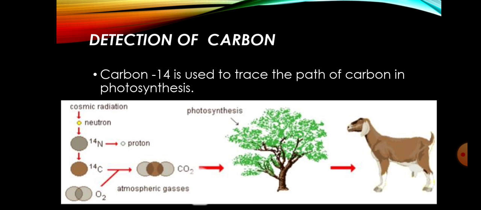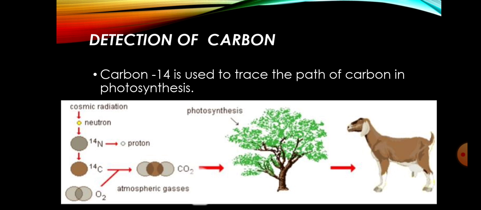So cosmic radiations or ultraviolet radiations produce neutrons. These are highly energetic particles. When this highly energetic particle passes through nitrogen 14, the nitrogen 14 knocks out one proton and is converted into carbon 14.